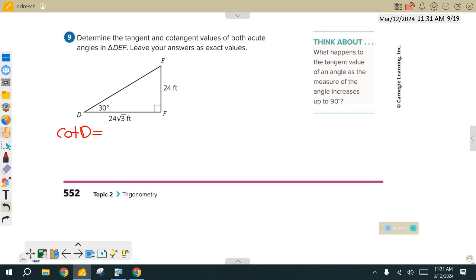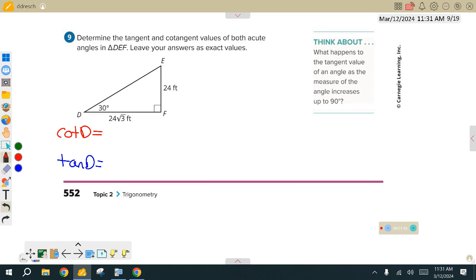You don't have to do it like I do it, but in my head, I always write the tangent ratio first.